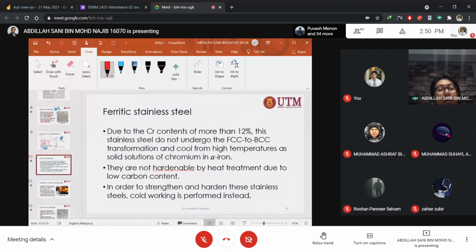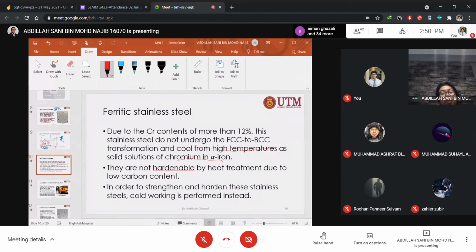Due to the chromium content of more than 12%, these stainless steels do not undergo the FCC to BCC transformation and cool from high temperature as a solid solution of chromium in ferrite. Chromium dissolved in ferrite does not change into austenite.